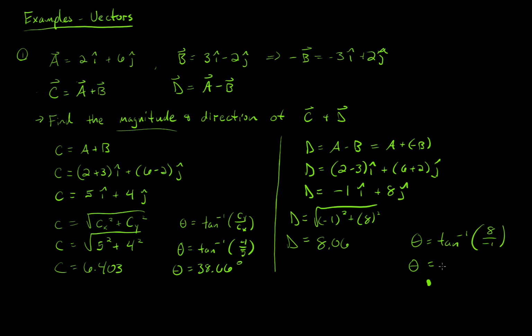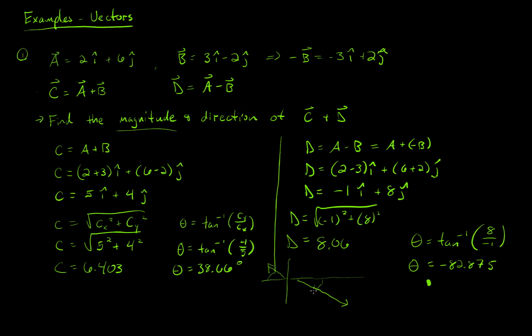So we get negative 82.875. Let's think about what that means. That means we're measuring it this way, but that's not holding because we have a negative 1, so it should be coming backwards and then up. Instead, it's over on the other side, in the second quadrant. Still negative 1 and then 8.